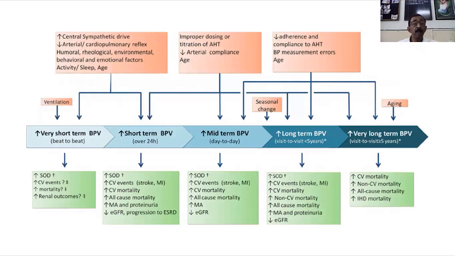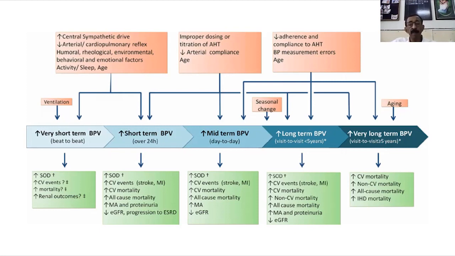Now, this slide shows us the different types of blood pressure variability, starting from a very short-term blood pressure variability, that is variation from beat to beat. Then we have a short-term, then mid-term BP variability, then long-term BP variability, and then a very long-term BP variability. On the top slot, red color shows the various causes, the etiopathogenesis, of these different types of blood pressure variability.